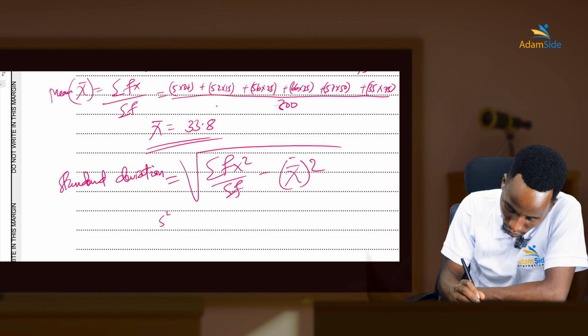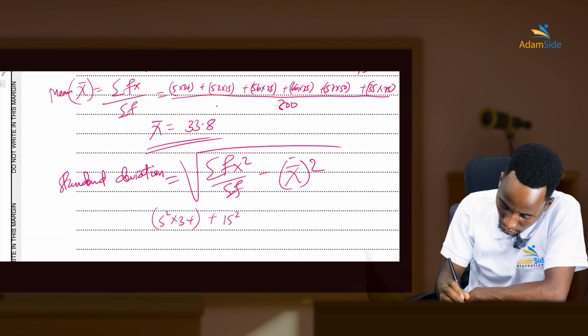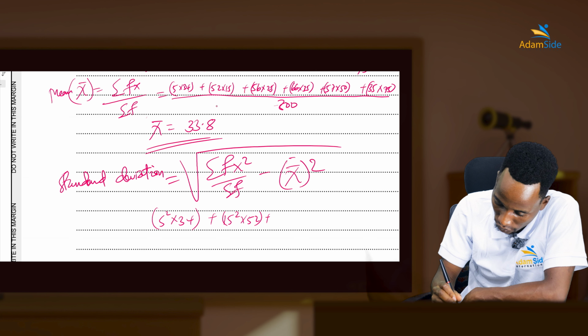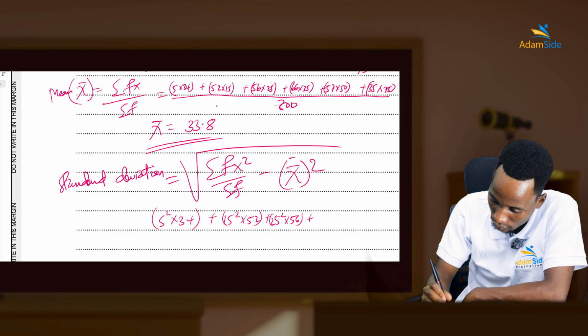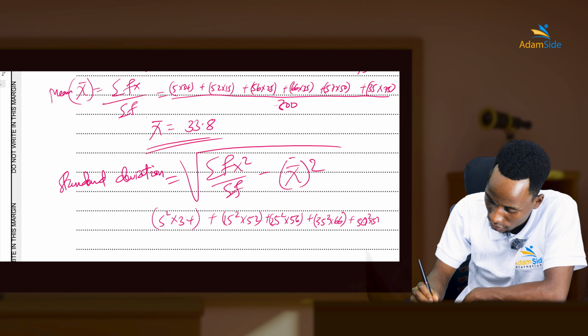So 5 squared times 34 plus 15 squared times 52 plus 25 squared times 56 plus 35 squared times 66 plus 50 squared times 57 plus 75 squared times 35.